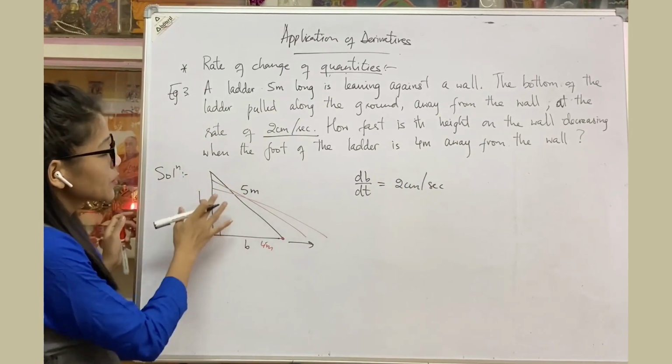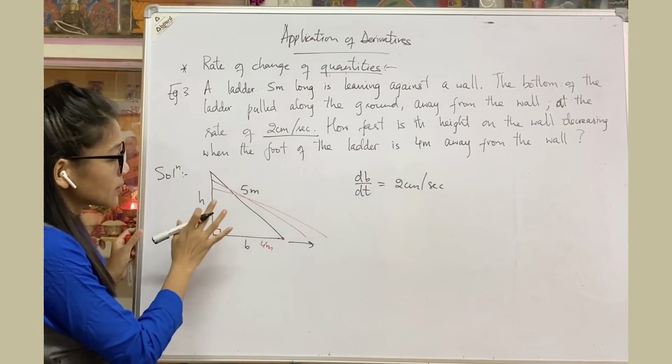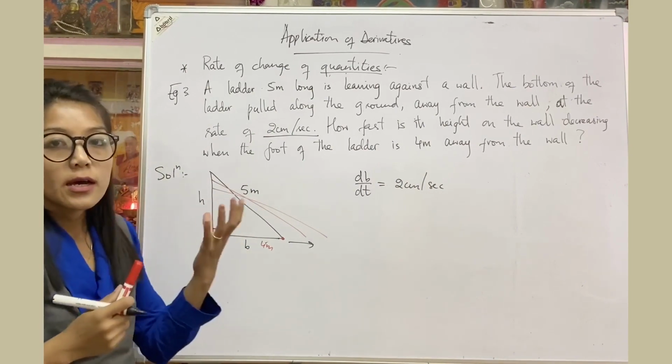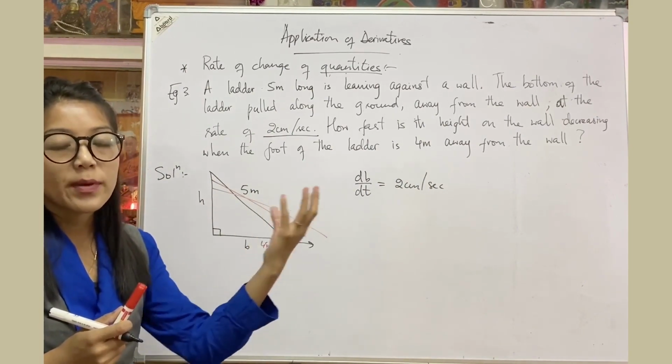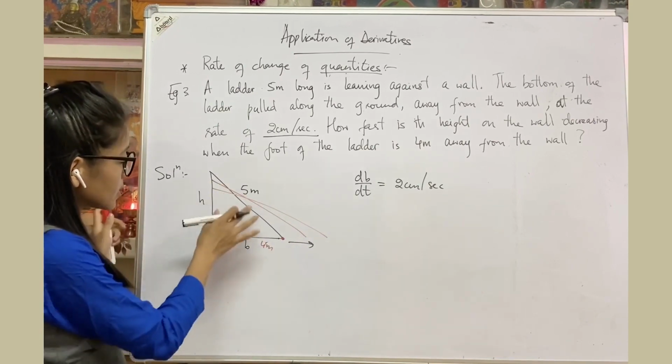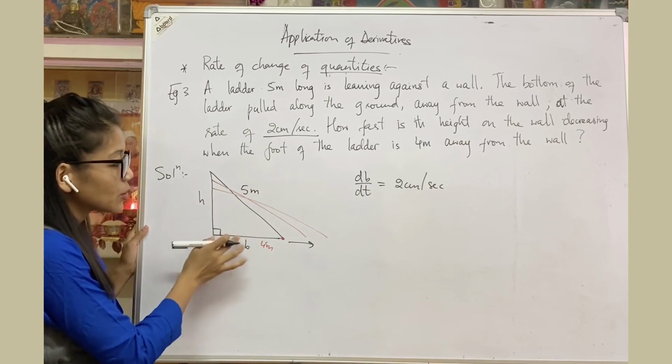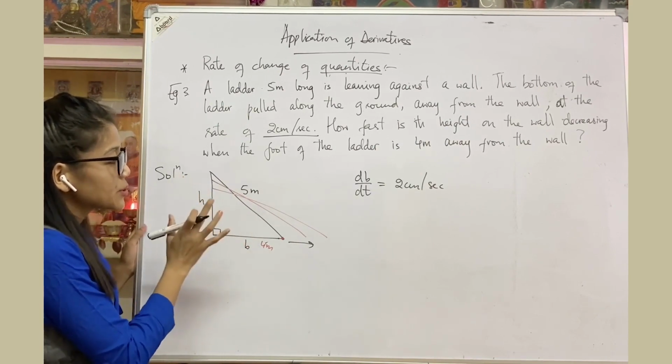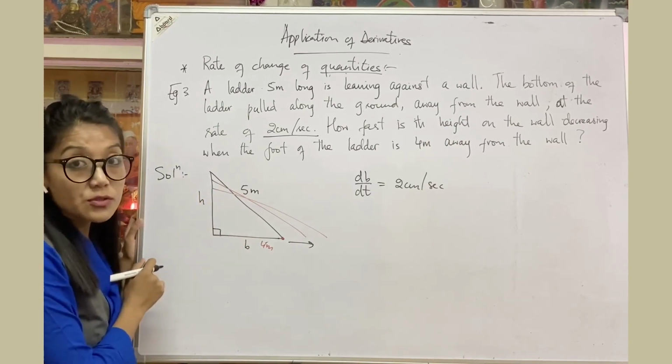Now first you will try to form a function over here, because if you have area, we know that area depends on time and so on. But first we are going to use the Pythagoras theorem to establish a relationship between the 3 sides of this right angle triangle.